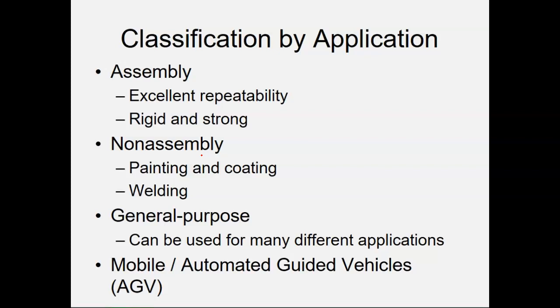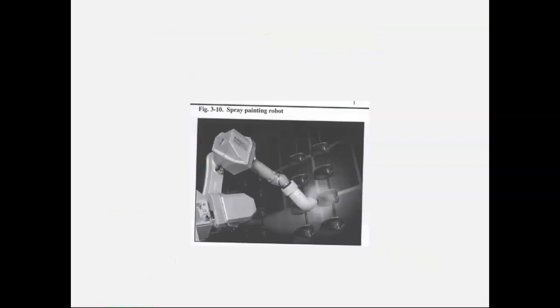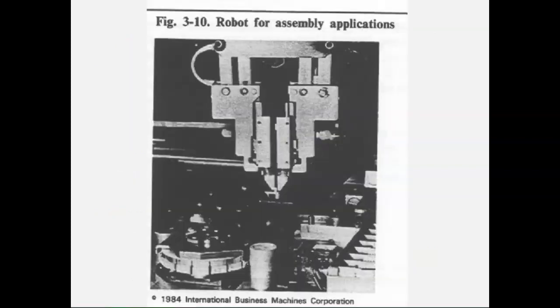And then you've got the mobile robots, which, if you've ever seen anything about Amazon, they've got a lot of those. Quite interesting little robots. They look like glorified Roombas.